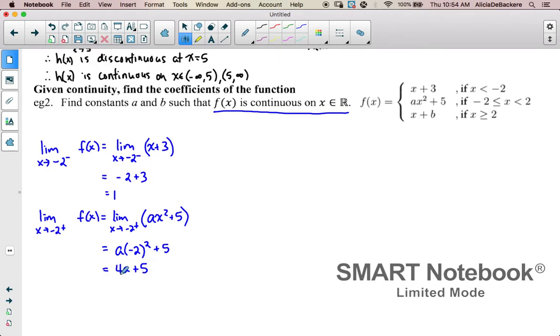Okay, so we've got an expression here in terms of a, but that's one of our jobs, right, is to figure out, well, what is the number for a. So for continuity at x equals -2, we need the limit to exist.